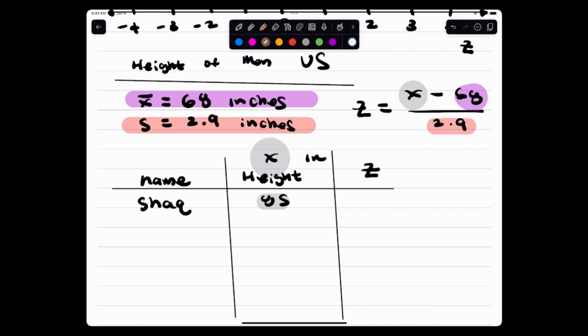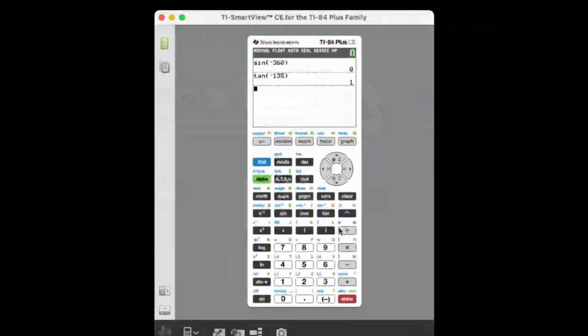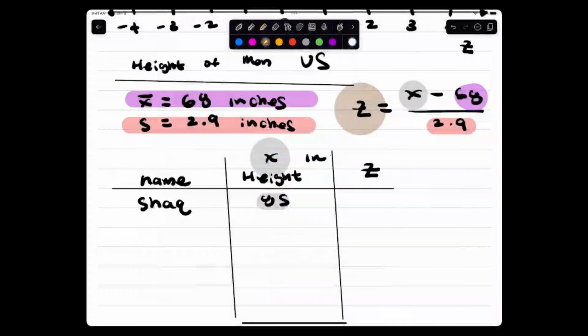Let's compute Shaq's z-score. Let's talk about that, because you might say, boy, I wonder what grade Shaq would get in terms of his height, right? So we're going to put 85 minus 68 over 2.9.